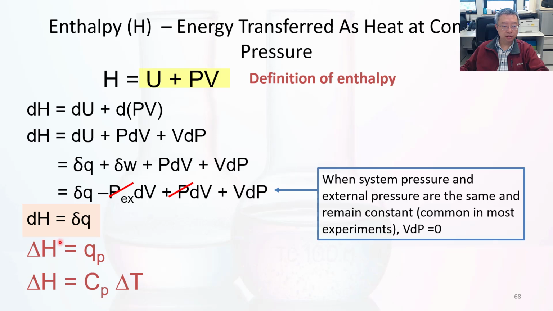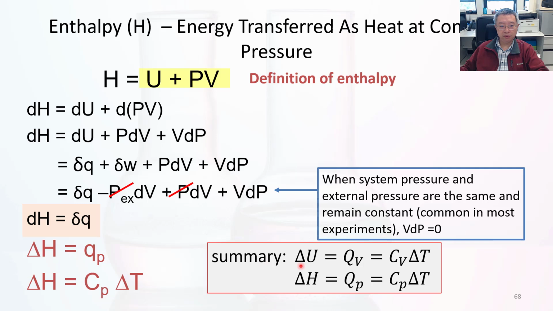So delta H equals Q_P, which we can define through the constant pressure heat capacity. As a summary, delta U equals Q_V equals CV delta T, and delta H equals Q_P equals CP delta T.